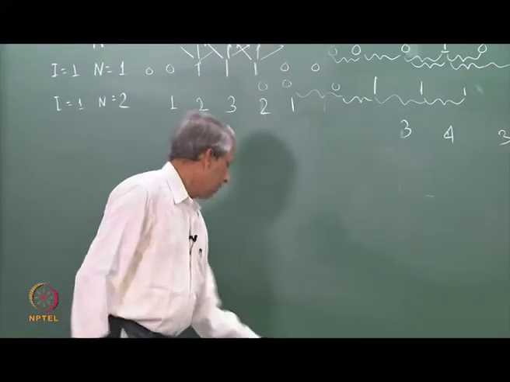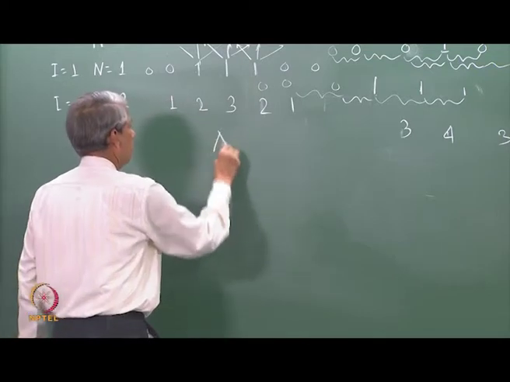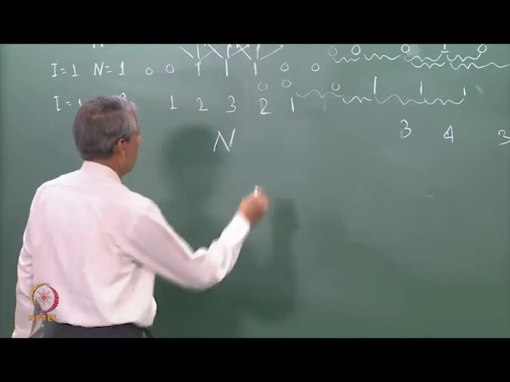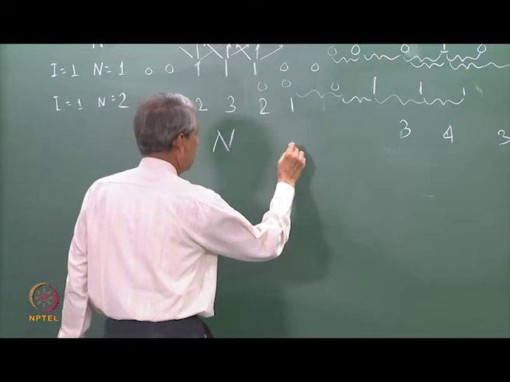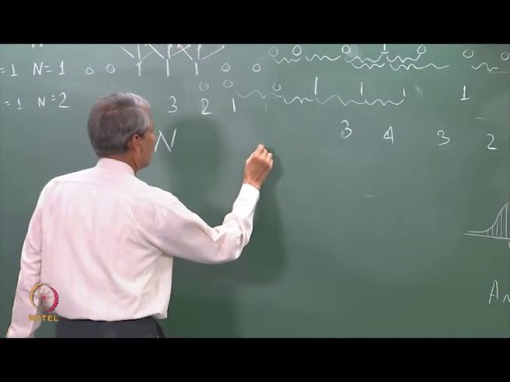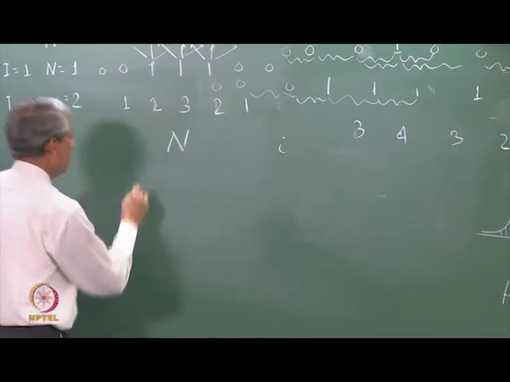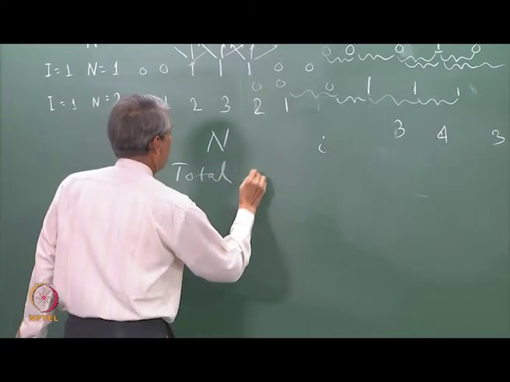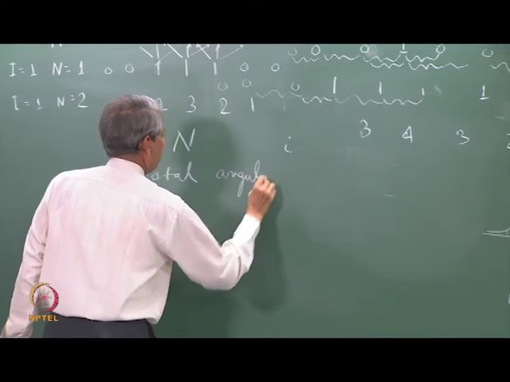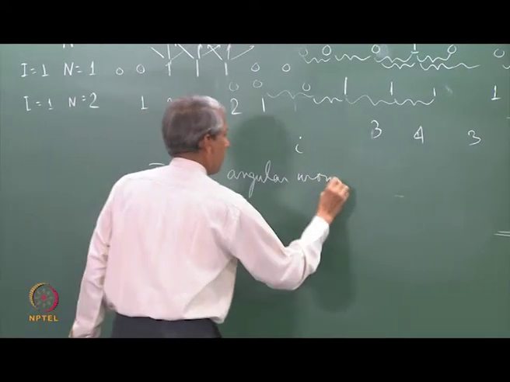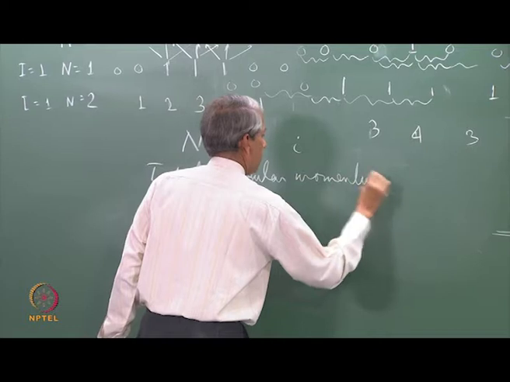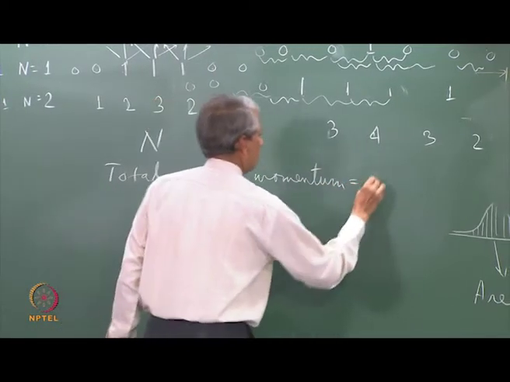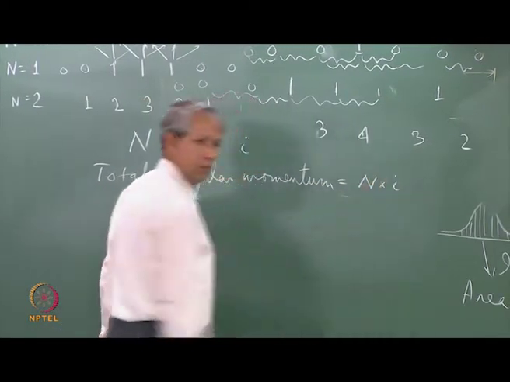If there are, let us say, n nuclear spins, and the individual spin angular momentum is, let us say, little I, then the total angular momentum becomes n times I.